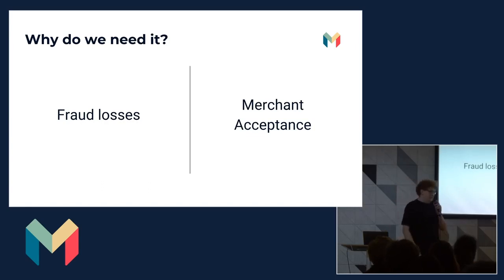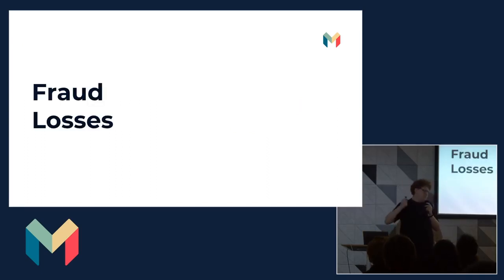First of all, we've actually seen a very large amount of fraud losses as a result of not supporting it. So when a merchant requests 3D Secure, if we don't support it, we're now liable for the transaction because the merchant said, I want some extra security. We said no. So we're now liable.